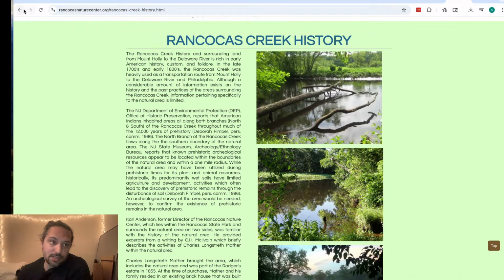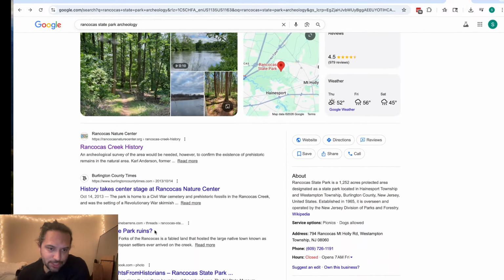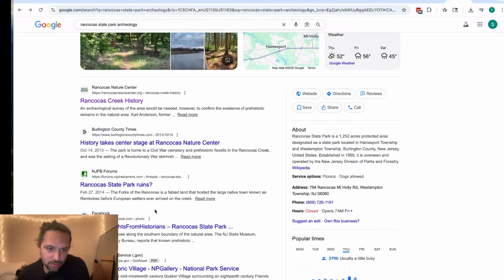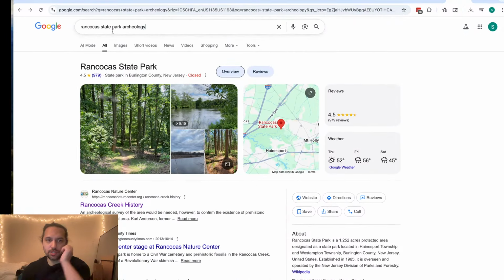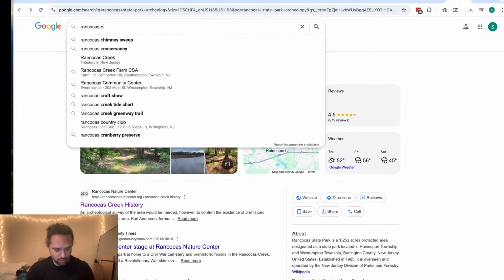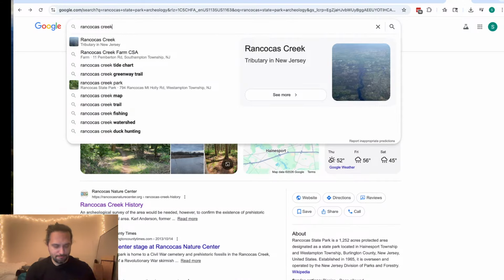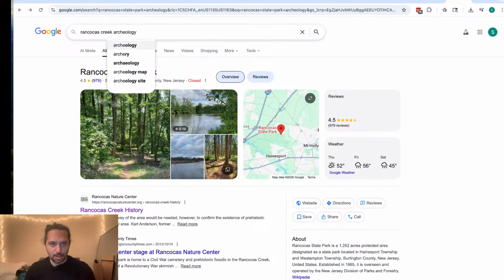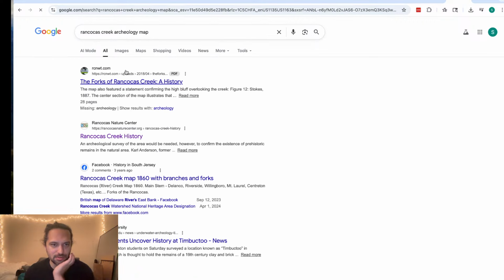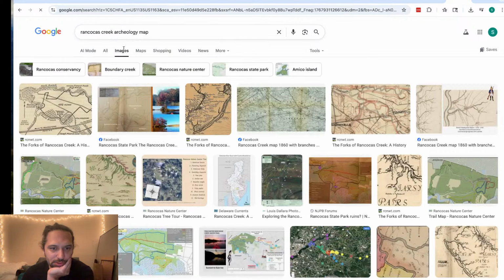Hey, well, let's prehistoric fossils. How about we do Rancocas Creek archaeology map? What is that?